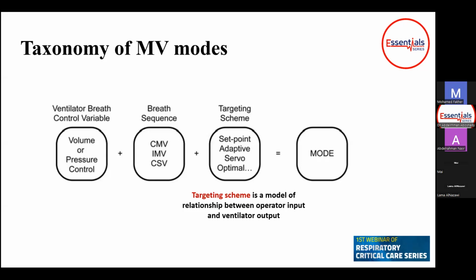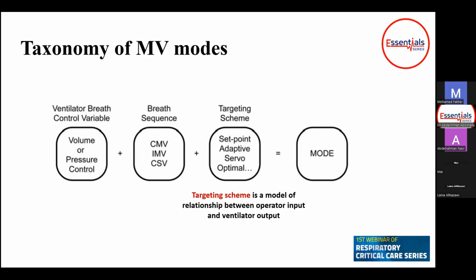So we have a pressure limit, and this pressure limit is not fixed. It increases or decreases according to the lung compliance and changes in resistance in the patient condition. So it adapts itself to what happens inside the patient. And most of the modes that we refer to as dual control are actually not dual control. They are adaptive control. Okay.